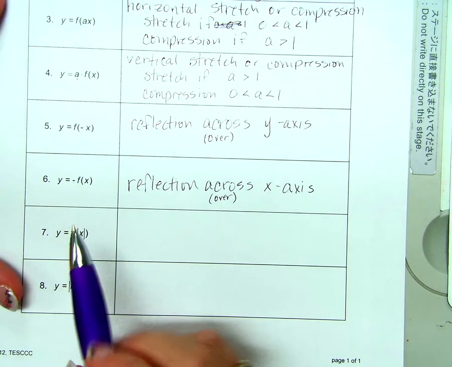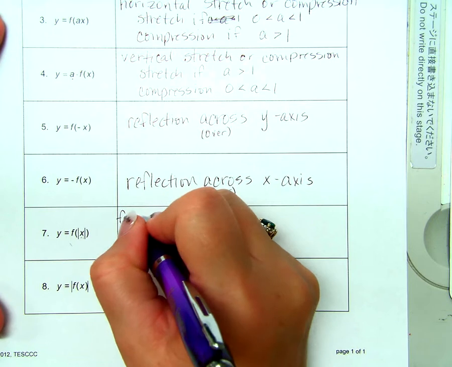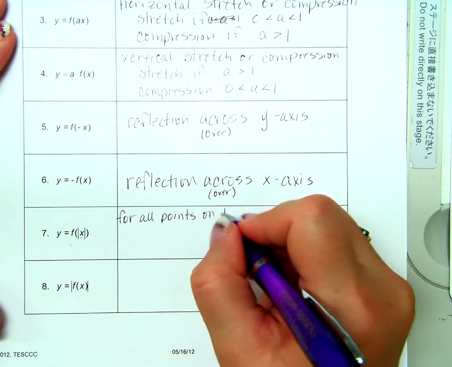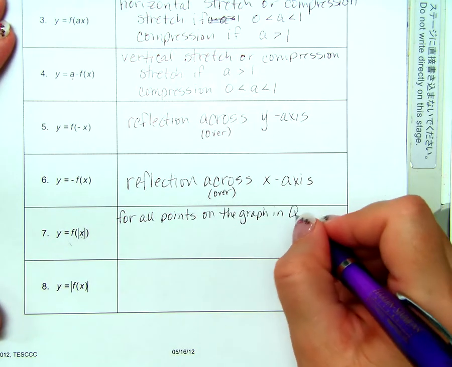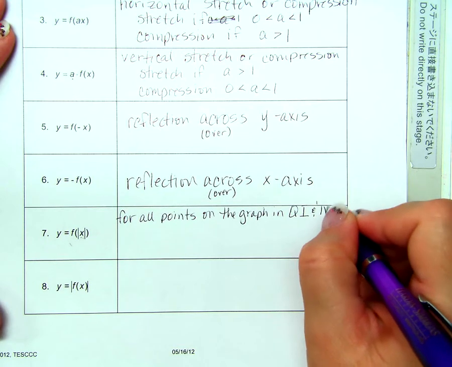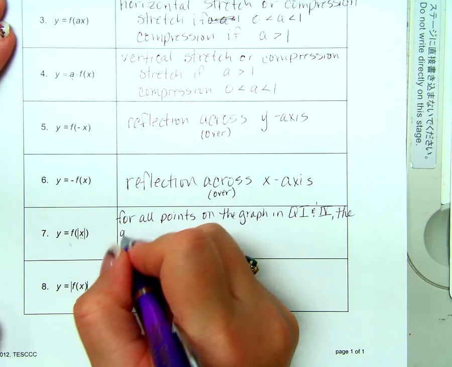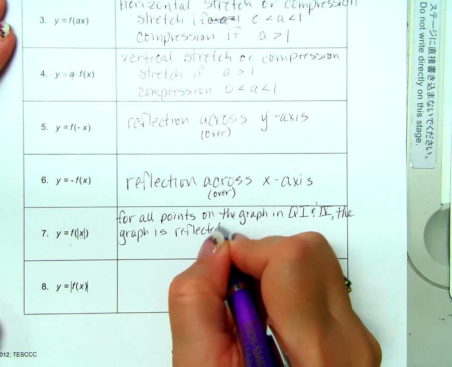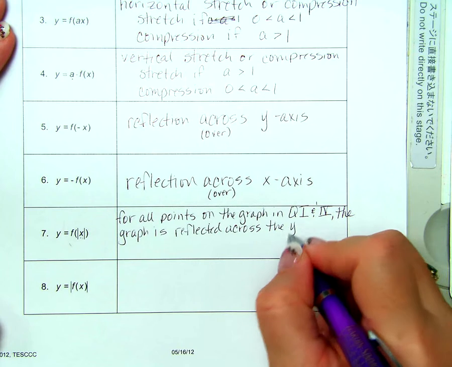Number 7. When you're taking the absolute value of the term inside the function, the x value, here's what I want you to write. For all points on the graph in quadrants 1 and 4, the graph is reflected across the y-axis.